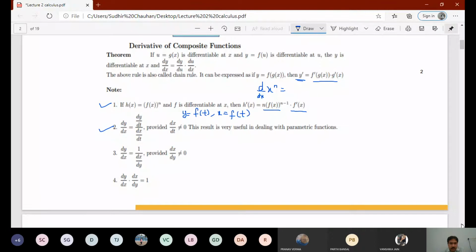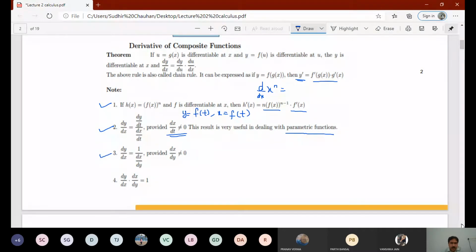In that case, dy by dx can be obtained as dy by dt divided by dx by dt, provided dx by dt, the denominator, is not equal to 0. These results are very useful in dealing with parametric functions.